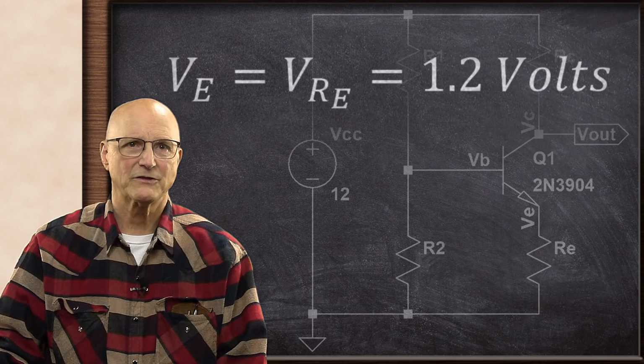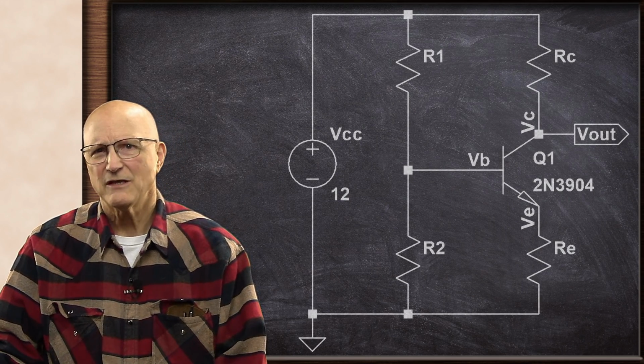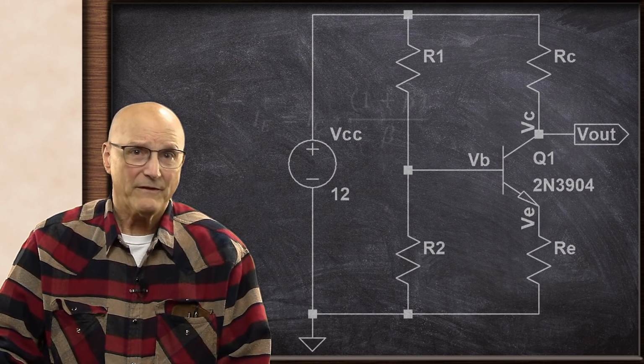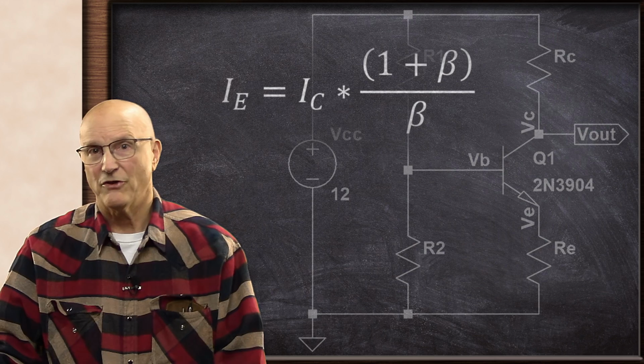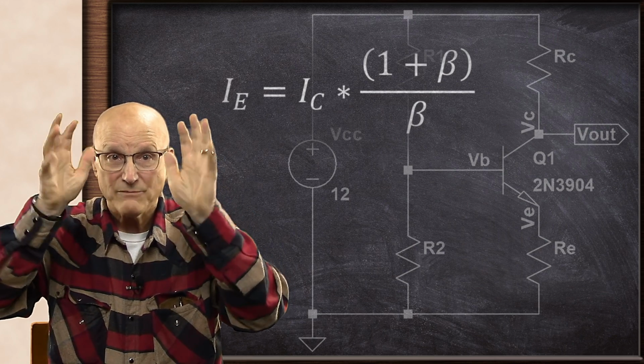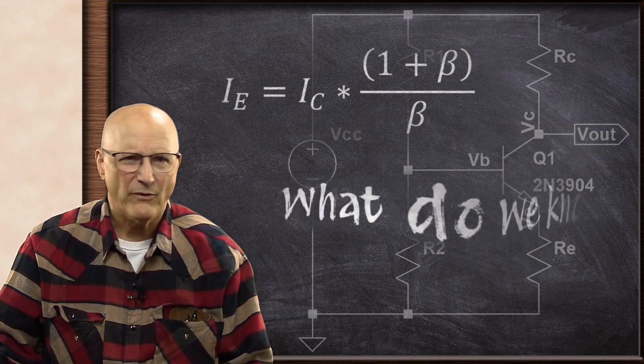Now the next thing that Ohm's law wants us to know is the current through the emitter resistor. We know that the emitter current is equal to the collector current times the quantity 1 plus beta divided by beta. So what do we know?